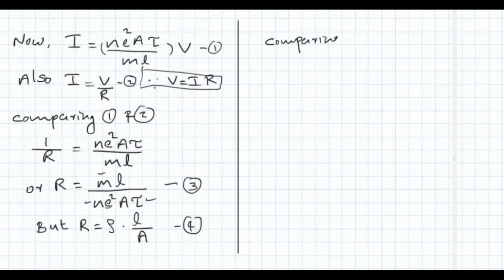Now we can compare equations 3 and 4. Then we can write rho into L by A is equal to ml by n e square a tau.